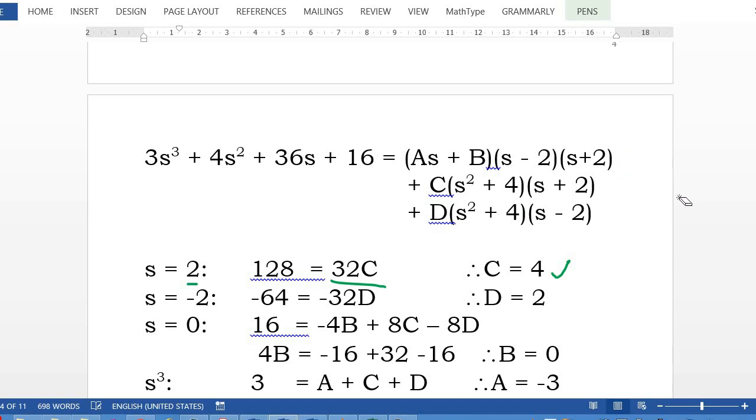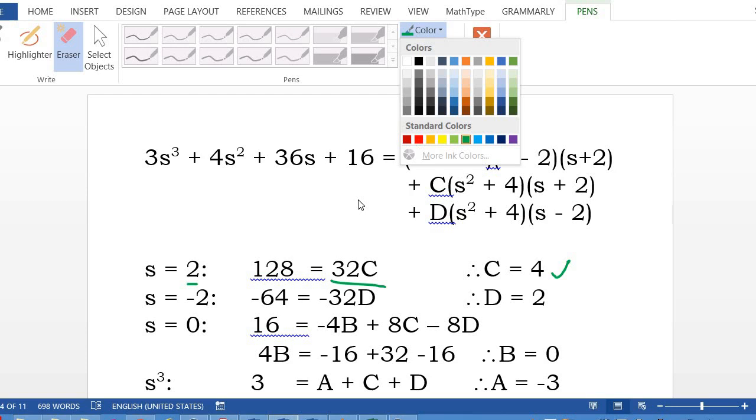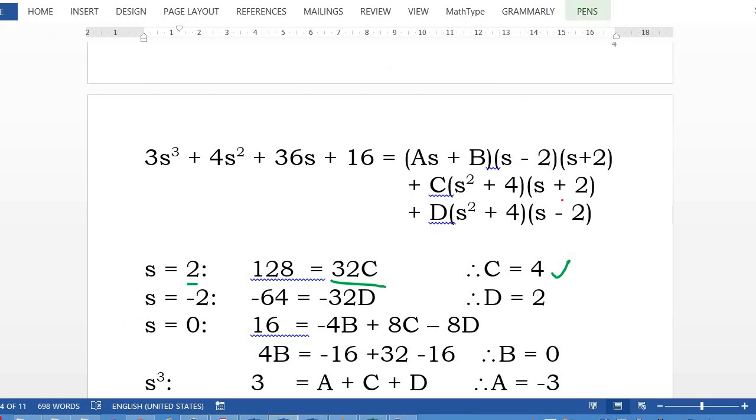Later on, you notice that we have the term s plus 2. So we substitute s equal to negative 2. Negative 2 plus 2 is 0, times anything is 0, so the whole term is 0.